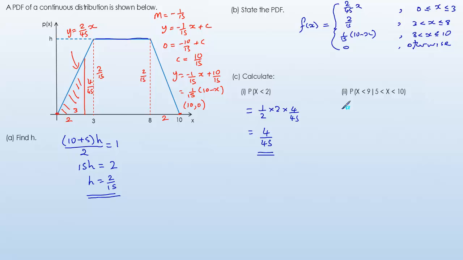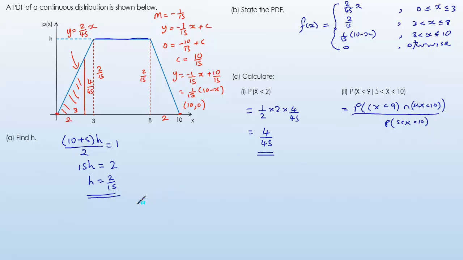We now want the probability that x is less than 9, given that x is between 5 and 10. So that will be the probability that x is less than 9 and x is between 5 and 10, divided by the probability that x is between 5 and 10.